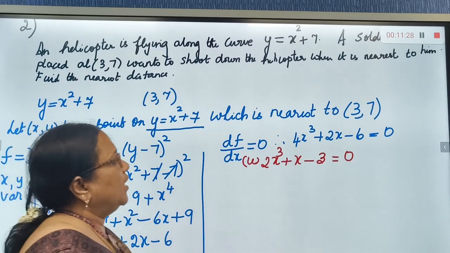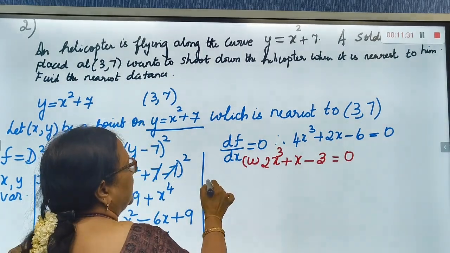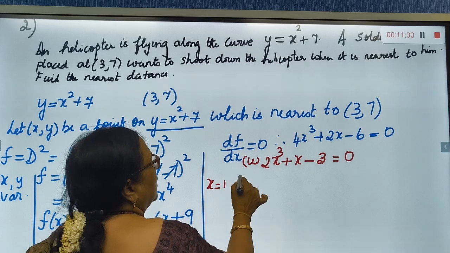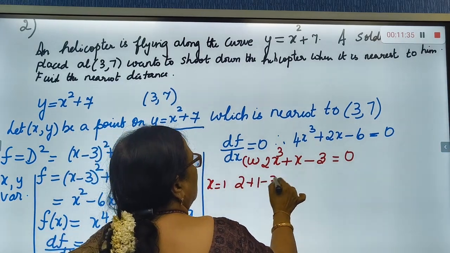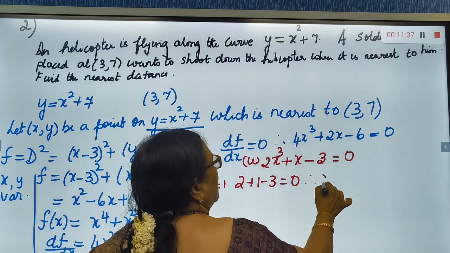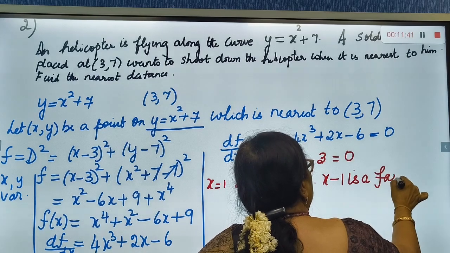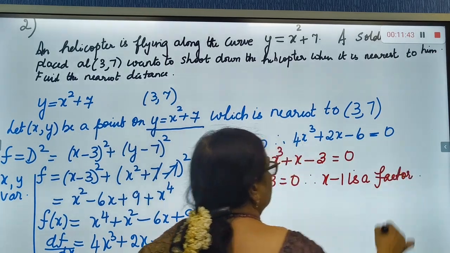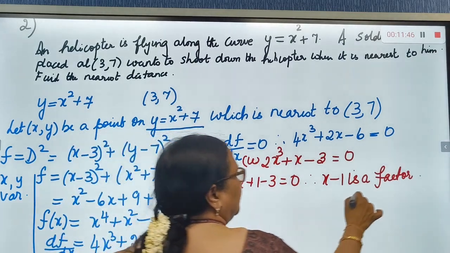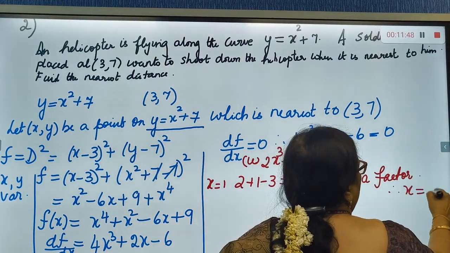If I put x equal to 1, I know that it is a factor: 2 plus 1 minus 3 equal to 0. Therefore, x minus 1 is a factor. That means x is equal to 1.